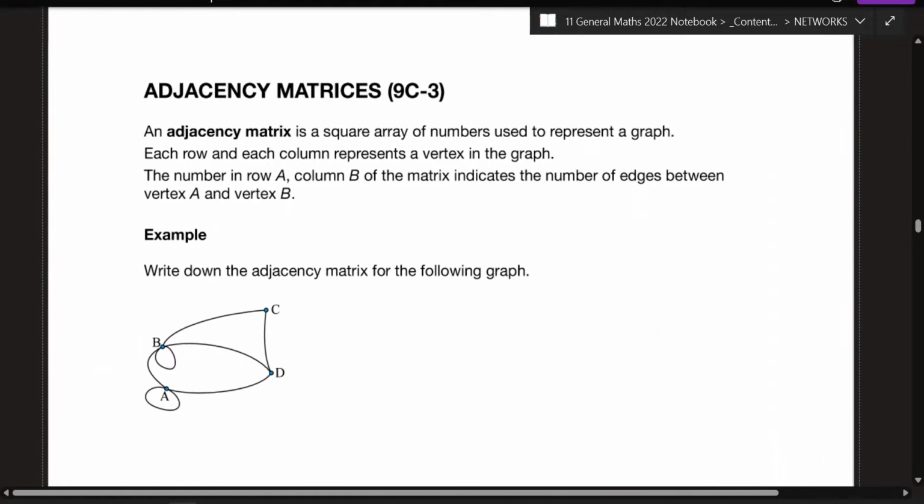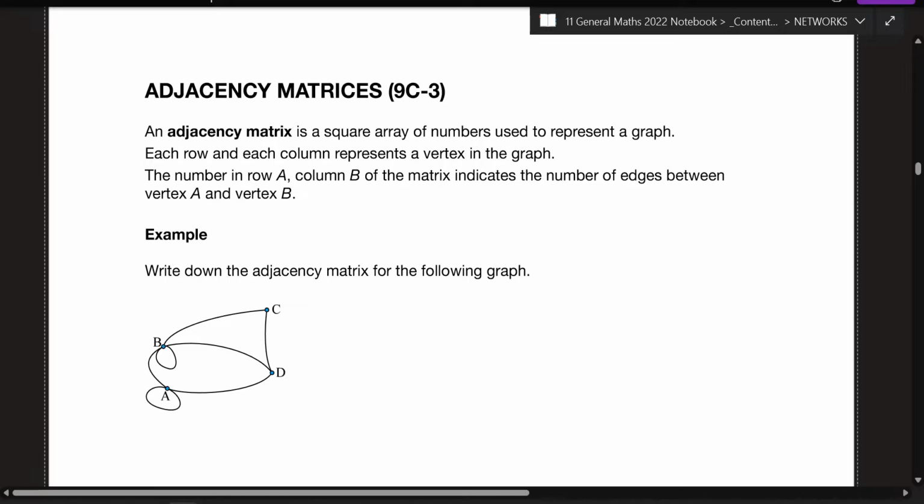So remember, an adjacency matrix is basically just a matrix list of numbers, but in the context of networks, it tells you the connections between those vertices. So it essentially represents a graph. It's a bunch of numbers representing a graph. You've got your rows and columns, and each represents a vertex in the graph.